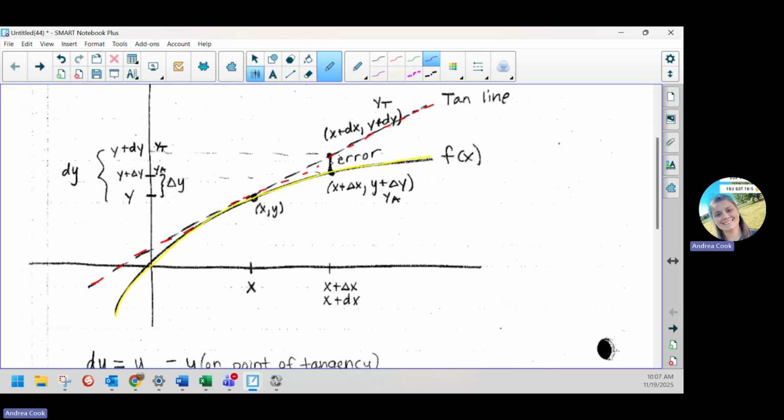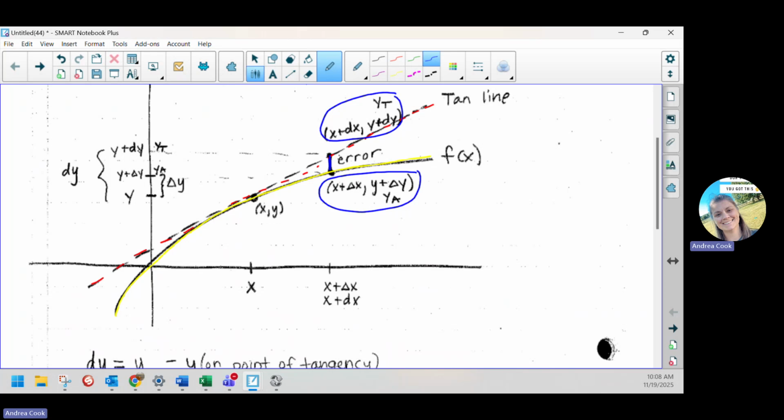So this little piece in between, if I'm using the tangent line, I have this ordered pair, and if I'm using the original function, I have this ordered pair. So the error is the change in the y from the original function to the tangent line.